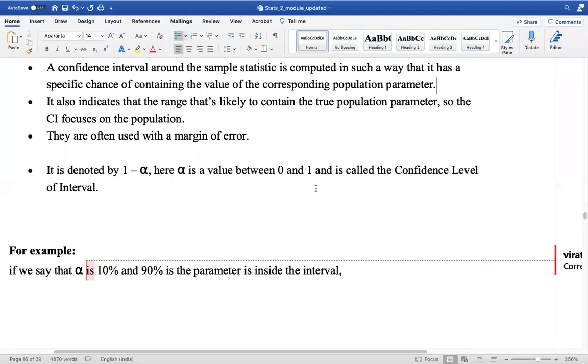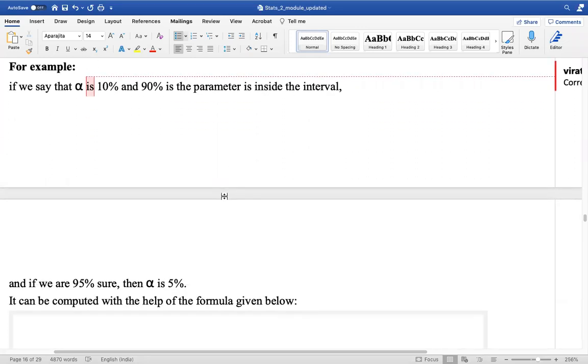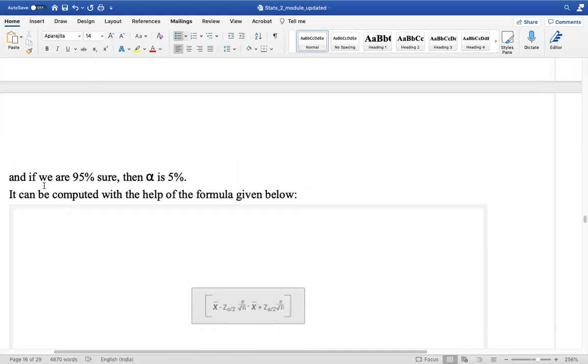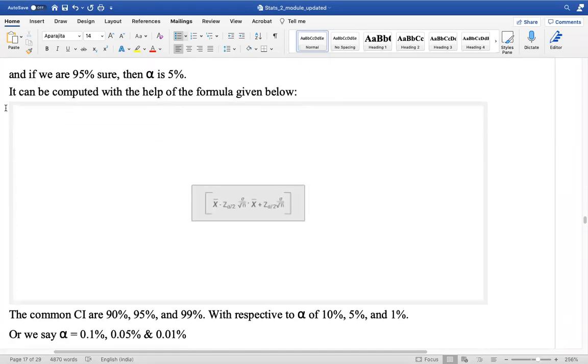This is called the confidence interval. If alpha is 10%, then 90% is the chance the parameter is inside the interval. If we are using 95% sure, then alpha is 5%. It can be computed with the help of the formula given.